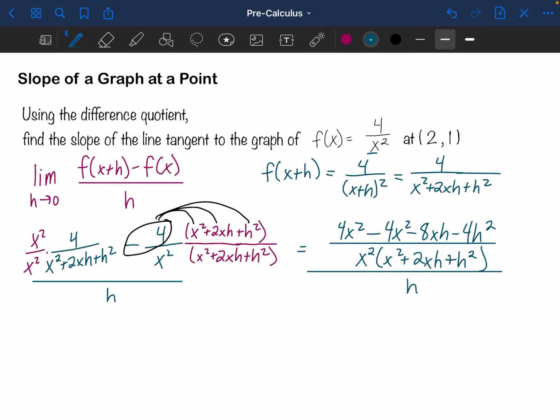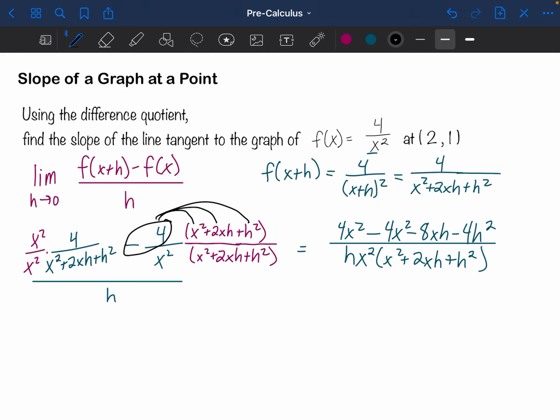This is technically h over 1. When we divide by a fraction, we're multiplying by a reciprocal. So what's happening here is we're multiplying by 1 over h. So that's why I'm going to stick that h in the denominator here. All right, that's going to help me get rid of all of this. Much better.